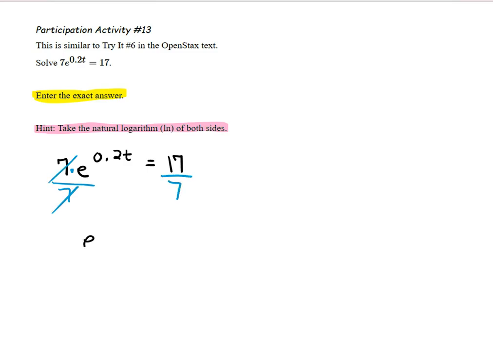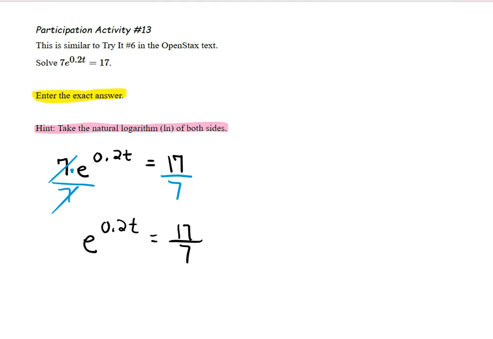That's going to leave me with e raised to the 0.2t, and then I'm just going to leave this as 17/7. Then, because only the left side has an exponent, I'm just going to convert this from exponential form to logarithmic form.